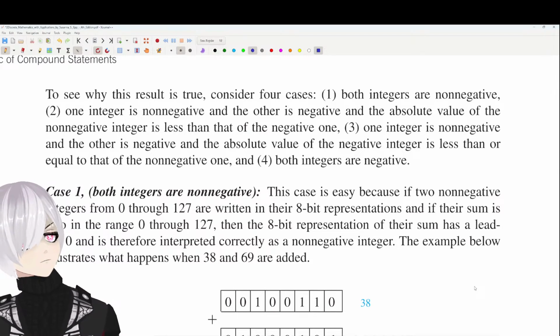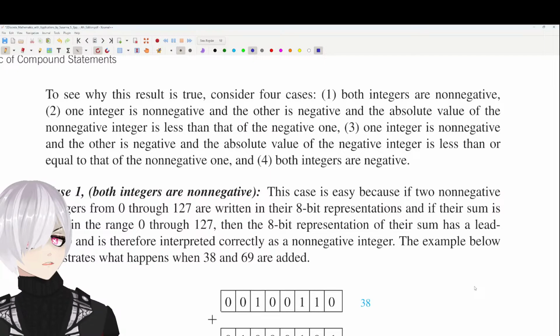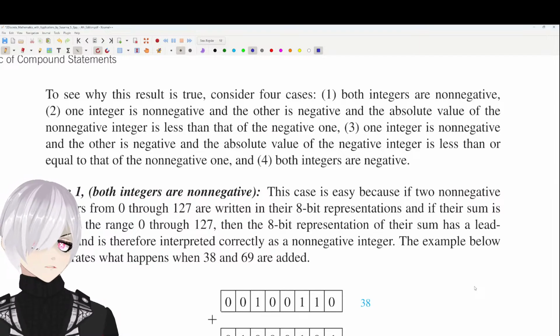To see why this result is true, consider 4 cases. 1, both integers are non-negative. 2, one integer is non-negative and the other is negative, and the absolute value of the non-negative integer is less than that of the negative one. 3, one integer is non-negative and the other is negative, and the absolute value of the negative integer is less than or equal to that of the non-negative one. And 4, both integers are negative.